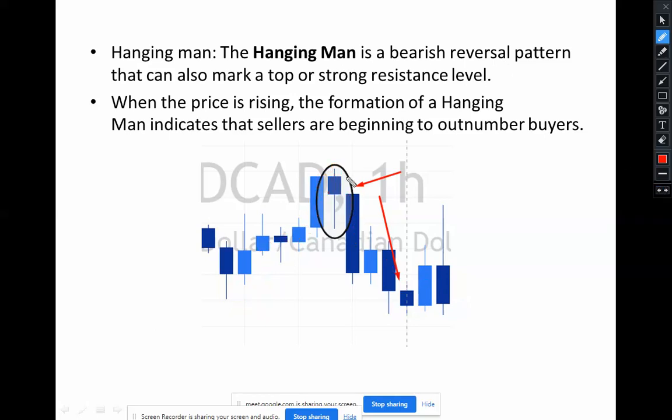It is always found at the resistance. The wick must be twice or three times longer than its body. So that is a hammer candlestick.